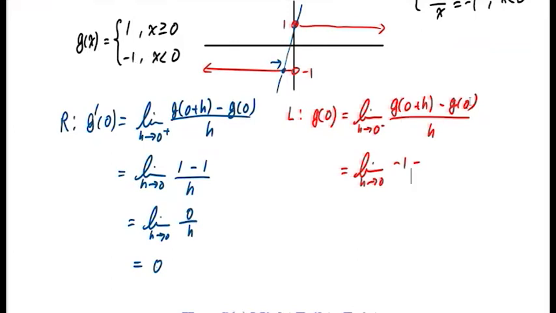Now, what is g of 0? That's 1, right? We're supposed to use that piece when the equal sign belongs right there. So this is 1. You with me? Over h. So that is limit of h approaching 0 of negative 2 over h. So some negative number, problem. Isn't that negative infinity? Negative number over 0?